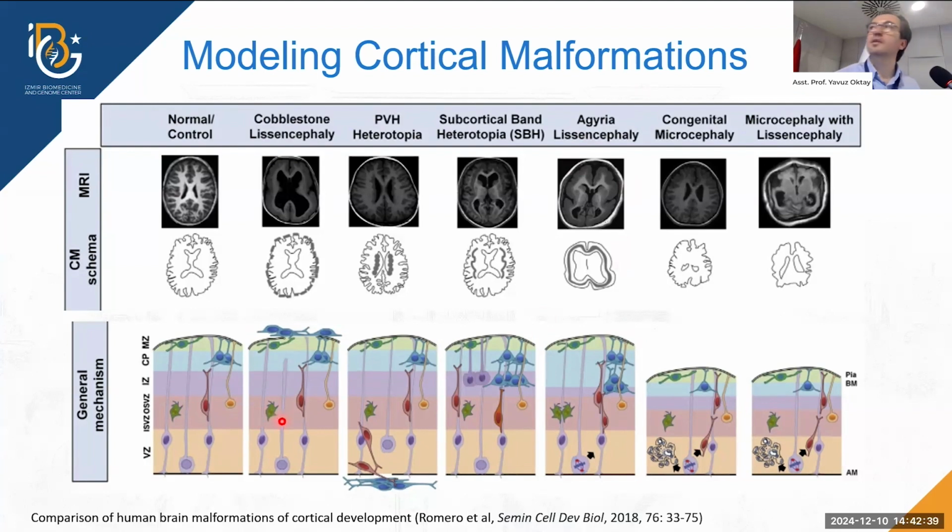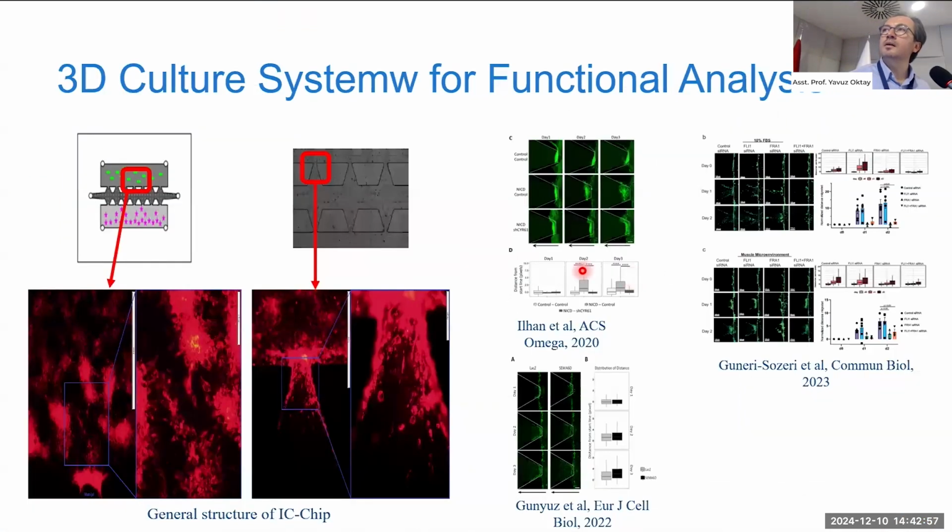So certain genes, when they're mutated, affect either the generation of new neurons or the migration of neurons, which leads to loss of typical gyrus and typical structure of the cortex. Here, instead of using iPSCs, we worked with NPCs, neuroprogenitor cells, because it's cheaper and more practical.